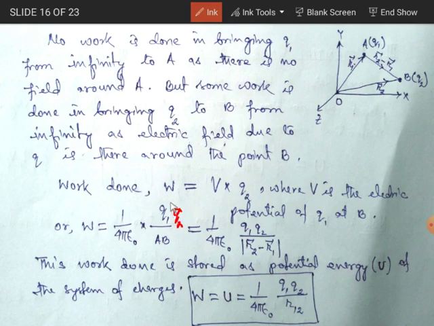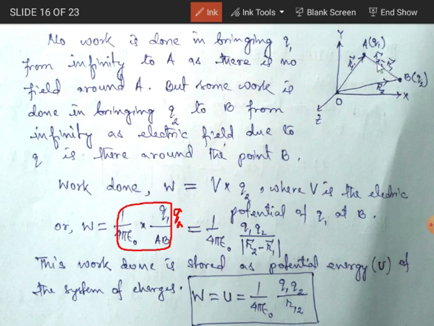Got it? This portion is for the electric potential of Q1 at the point B, at a distance of how much? AB.